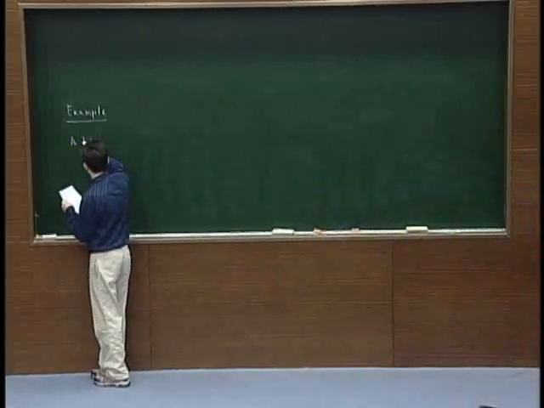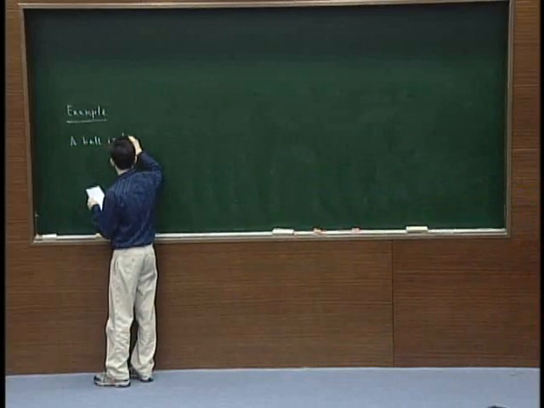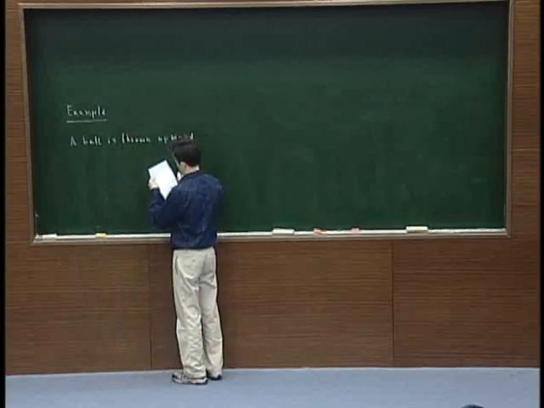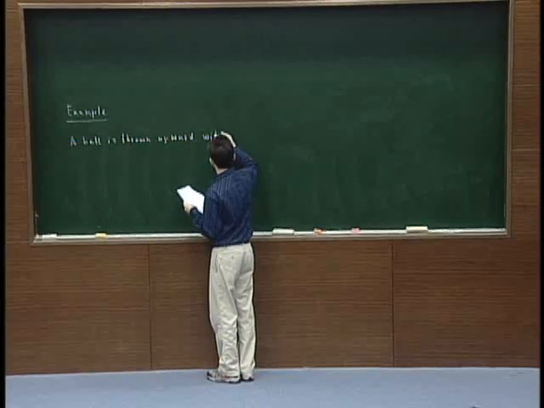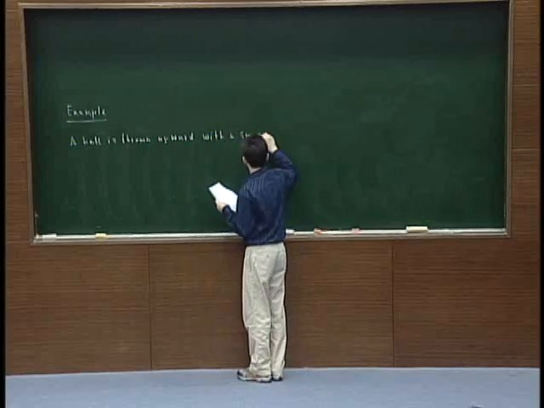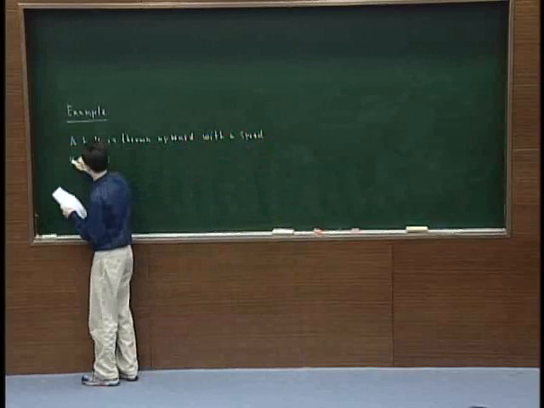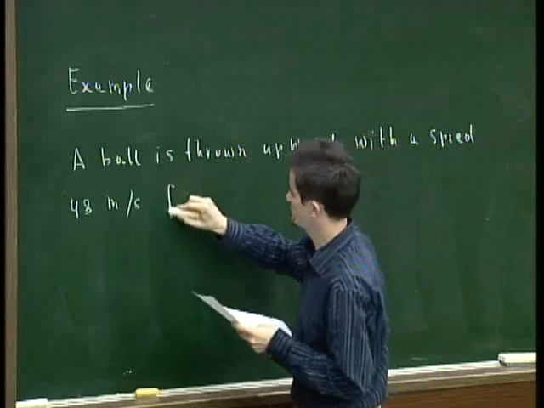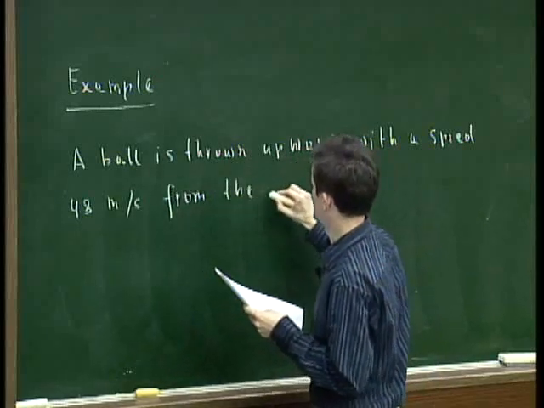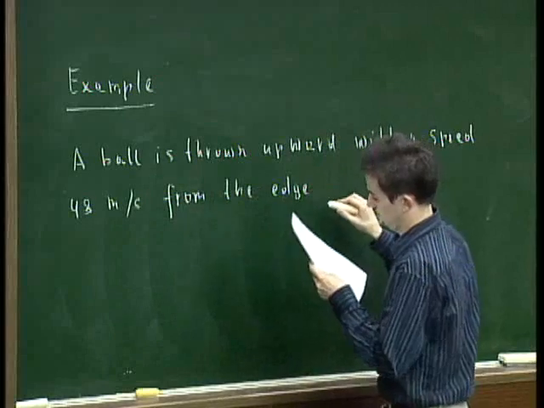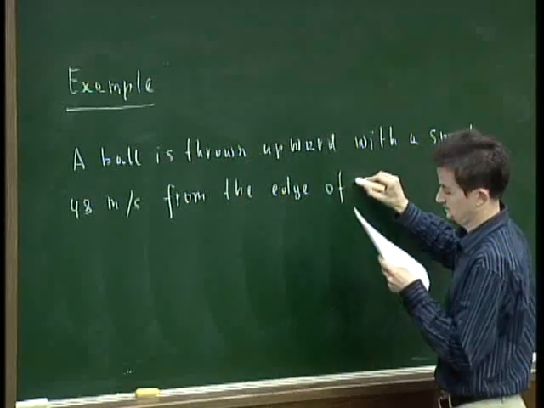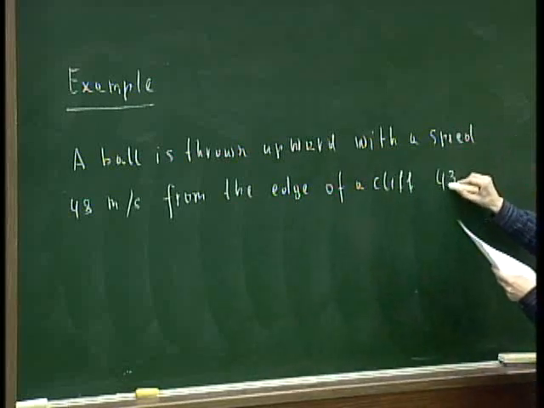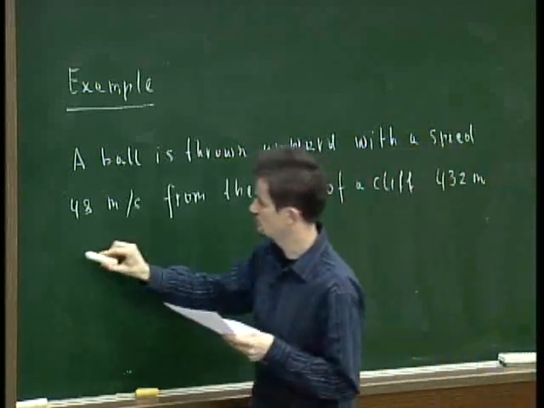A ball is thrown upward with a speed of 48 meters per second from the edge of a cliff 432 meters above the ground.